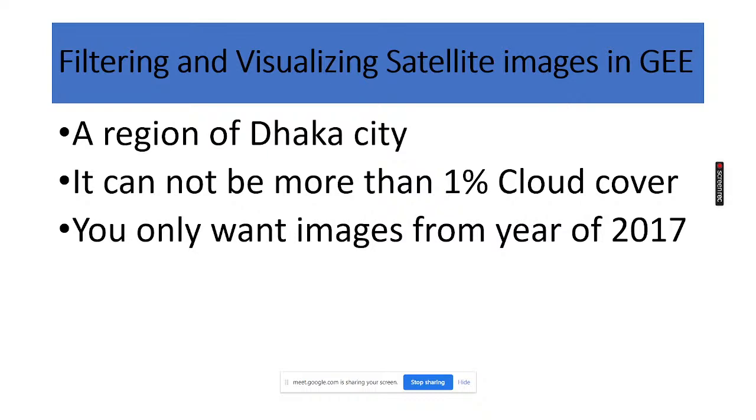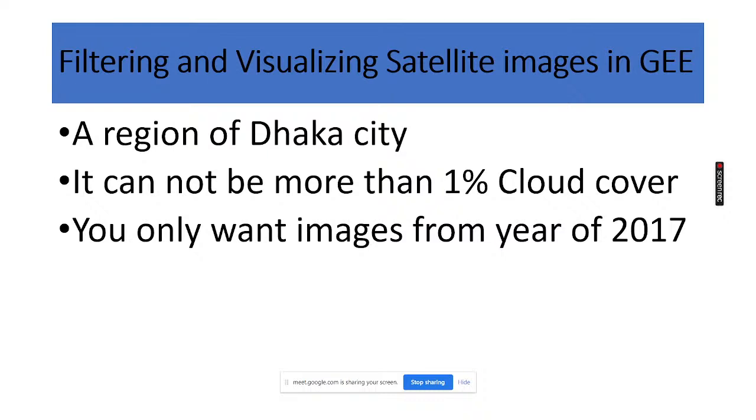The third factor is a specific time period. Suppose I don't need all of the years. I need only one specific year, 2017, or any specific season, such as winter season or summer season. So when you want to filter Landsat or Sentinel images, we have to follow the three factors. First, you have to select your region, then you have to filter the image properties.